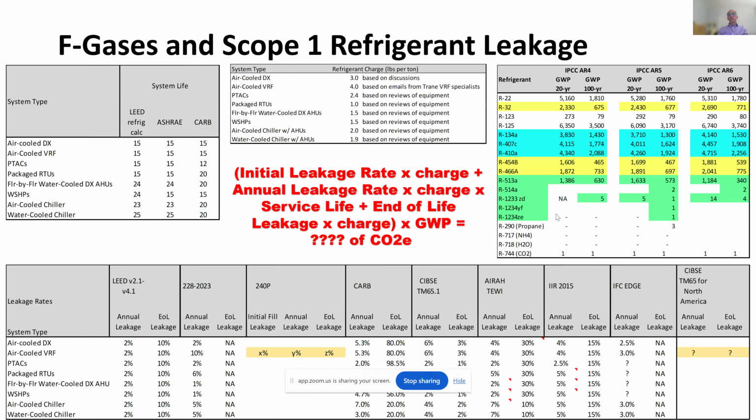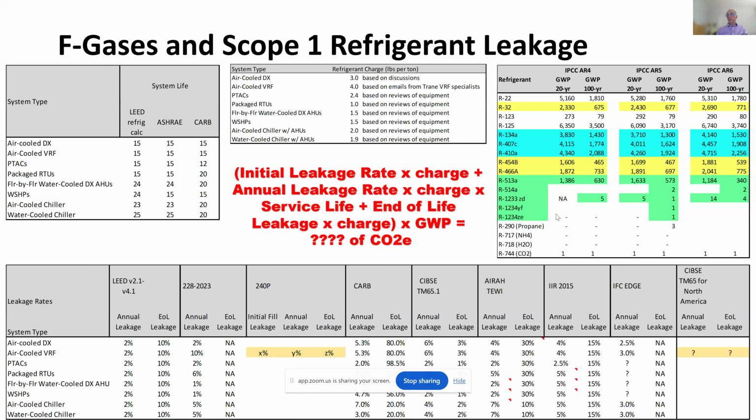Switching over to refrigerants. The LEED calculation for enhanced refrigerant management has always had the right components to give you the greenhouse gas emissions of your building's design. It just puts it into a normalized number of 100, and you're looking at whether you're greater than or less than 100. It's useful for some things, but it doesn't give you your emissions total.